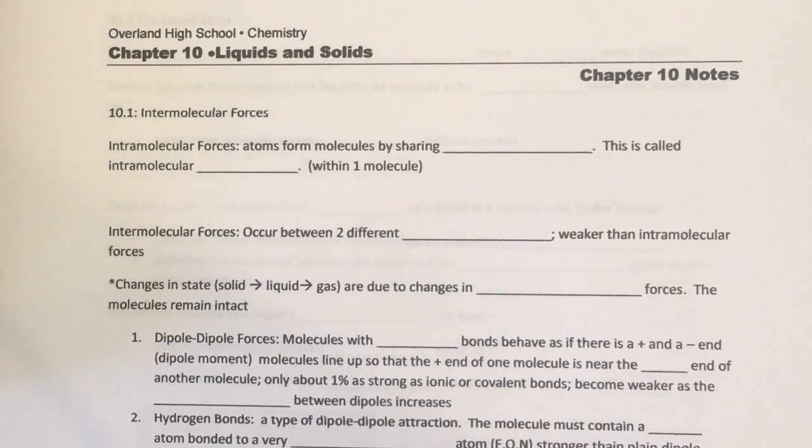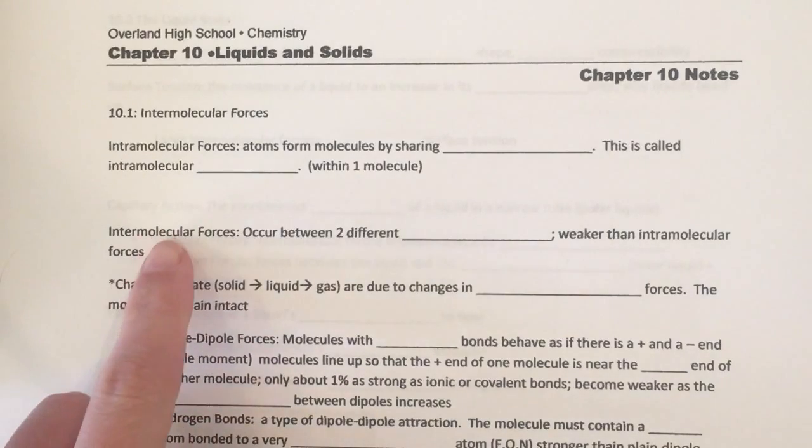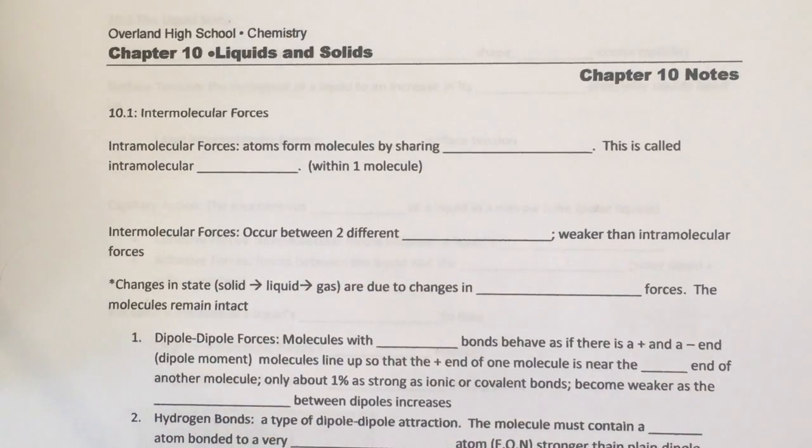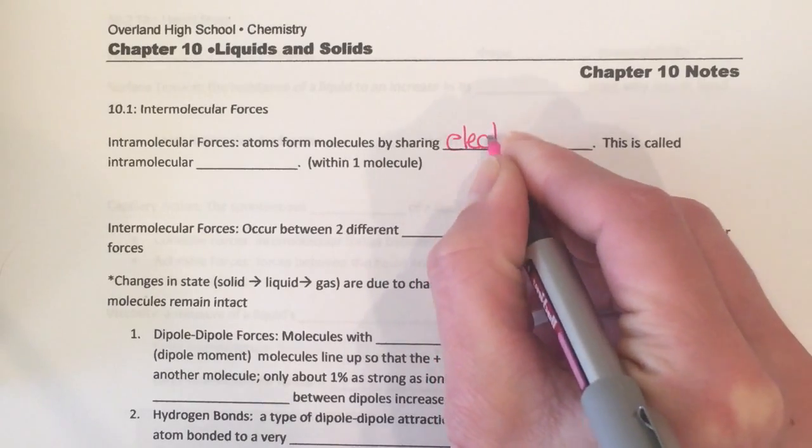So chapter 10 is going to be talking about states of matter, liquid and solid. Now it's going to be really important that you can tell the difference between an intramolecular force and an intermolecular force, okay? So an intramolecular force is when you have atoms that form molecules by sharing electrons.